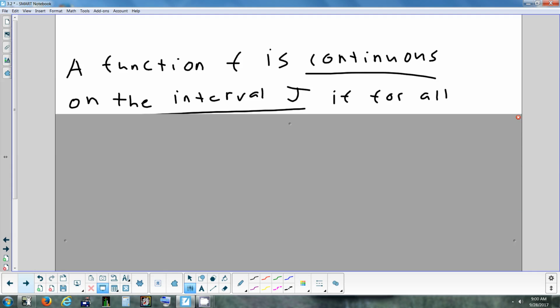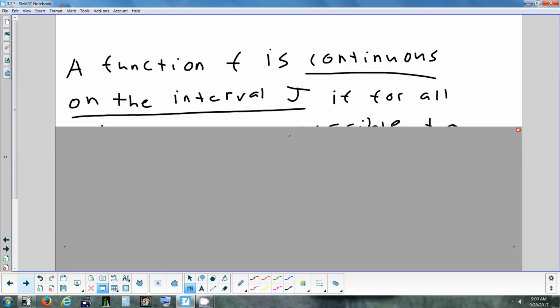So we say that a function is continuous. And you can also be a little bit more specific and say, well, it's not continuous everywhere, but it is continuous between when x equals 2 and x equals 6. I can trace from 2 to 6 without lifting my pencil. So maybe you're just focusing on a specific interval.